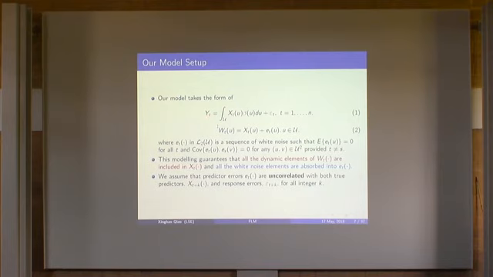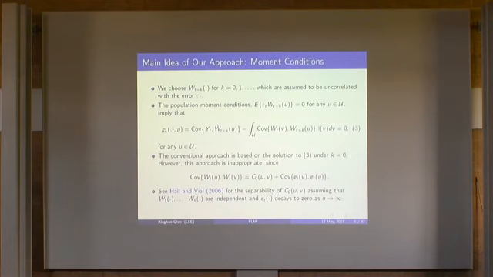We observe the response variable and the error-contaminated functional predictors, Y and W. Based on the information in Y and W, we want to estimate beta. Based on our assumption, all the lag-k observed functional predictors are uncorrelated with the error term, so we can choose these variables to be the instrumental variables.